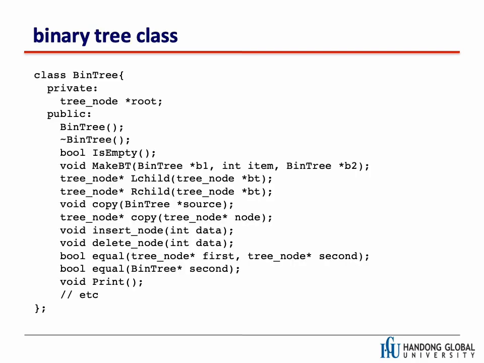Before talking about any operations of binary trees, let me give you a brief big picture of this binary tree class. BinTree is a class name, and we have a private member, a tree node pointer root. It's basically the same thing as in the stack, where we used the head.